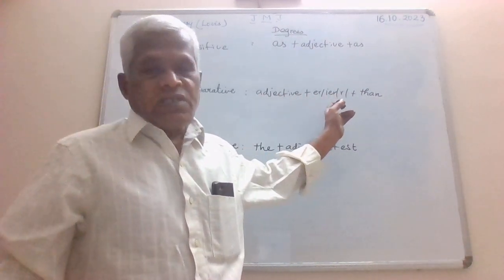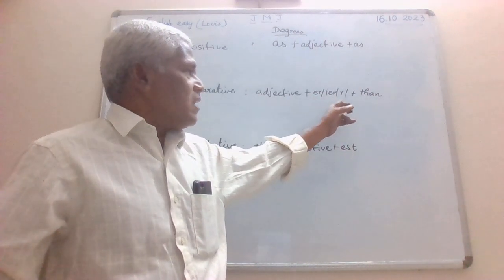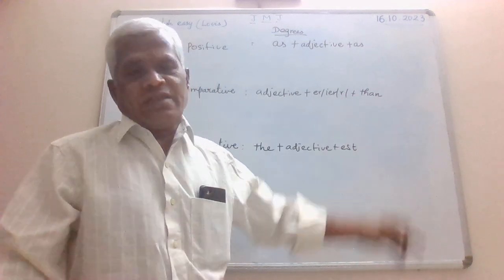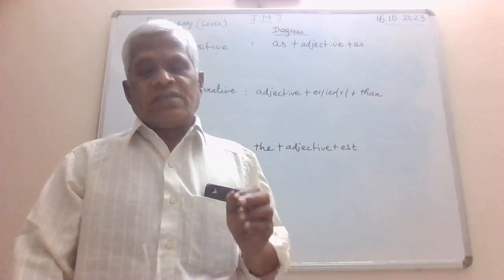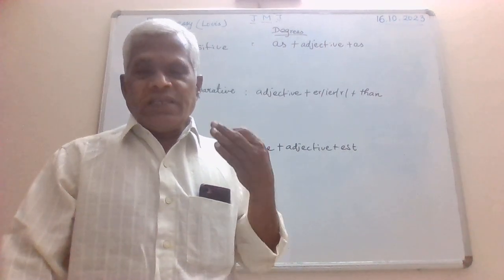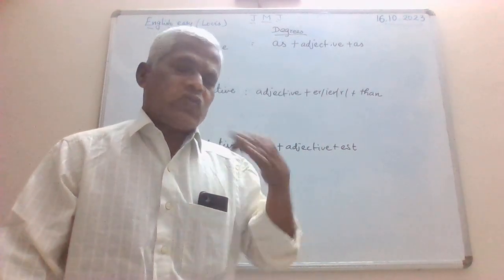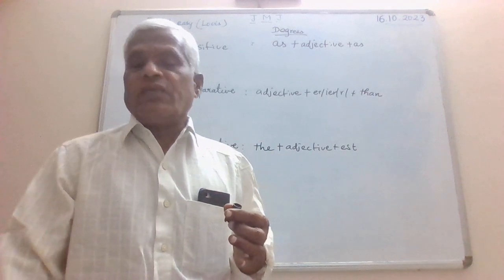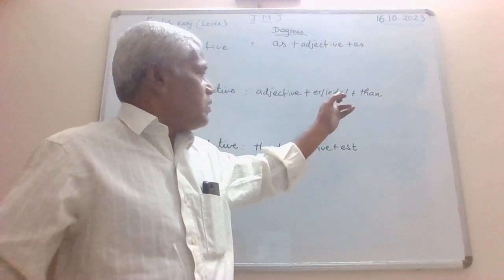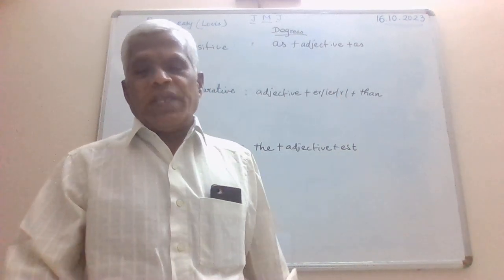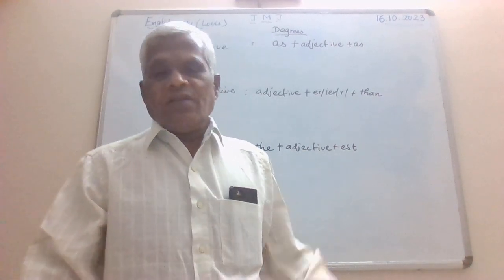Now here, of course, I have written ER, IER, R plus than. When you say ER, there are a few adjectives that add ER to the comparative. And I gave you the explanation, I gave you the examples also. So you can go and refer to that particular video. And then sometimes you have adjectives ending in Y. So adjectives ending in Y, what is the comparative?